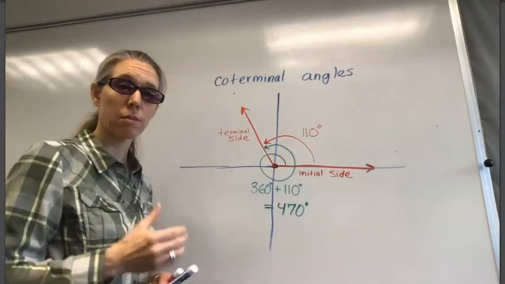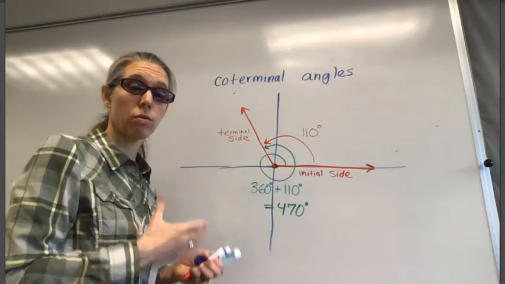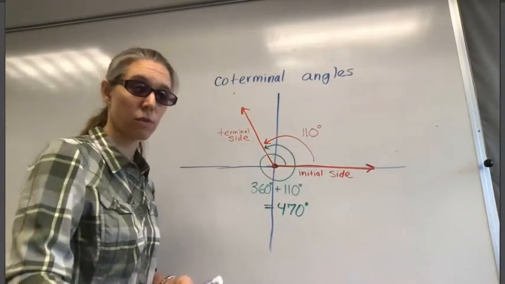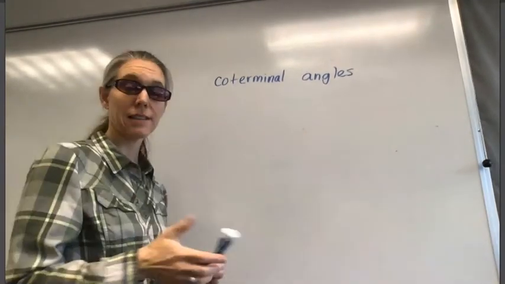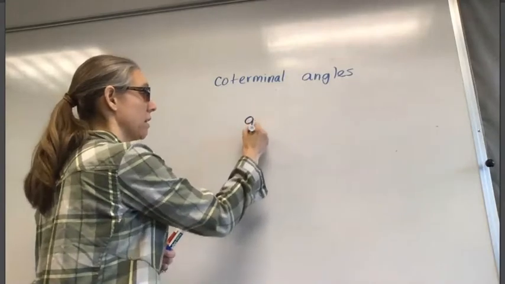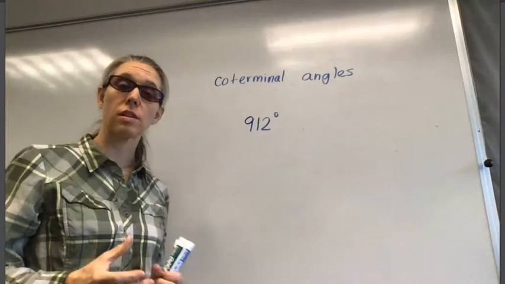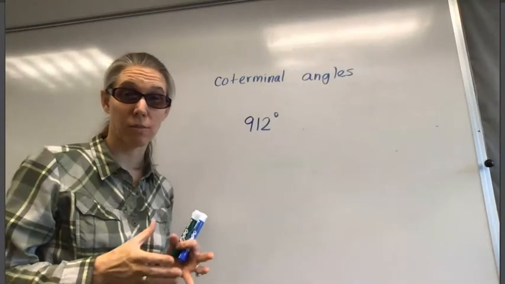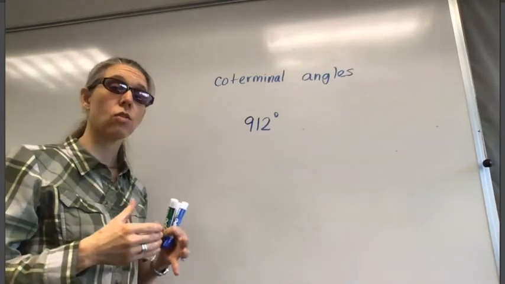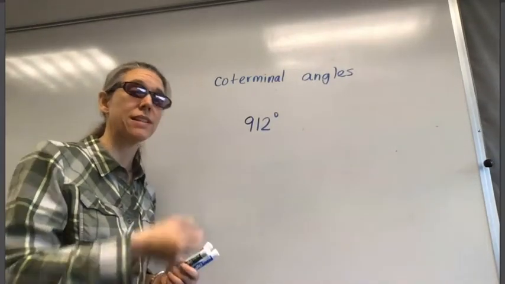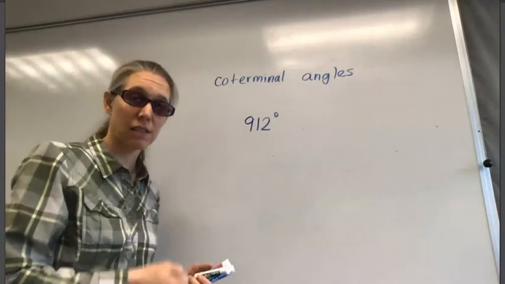What if the problem asks you to find an angle that's coterminal with a given angle? So, for example, let's say you are given 912 degrees. 912 degrees is not between 0 and 360. And in this course, we regularly need to work with an angle between 0 and 360 degrees.